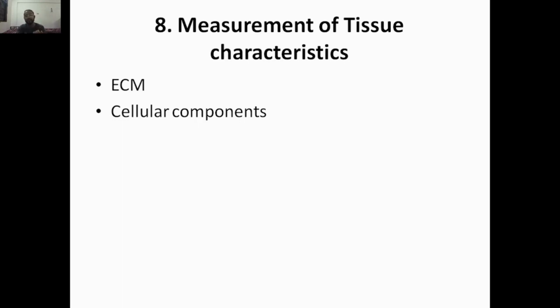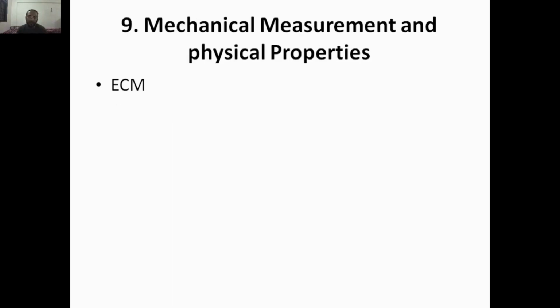If you are measuring all these cellular components or components of the ECM, that itself is the measurement of the tissue characteristics, which you can write for the 8th topic. For the 9th topic, mechanical measurement and physical properties, you can just speak about ECM. We have soluble and insoluble components and their properties, everything is mentioned in that topic.